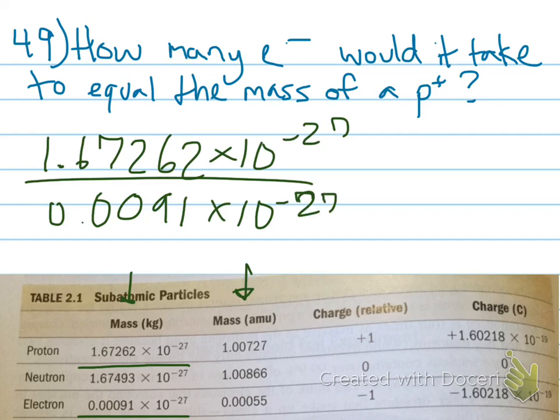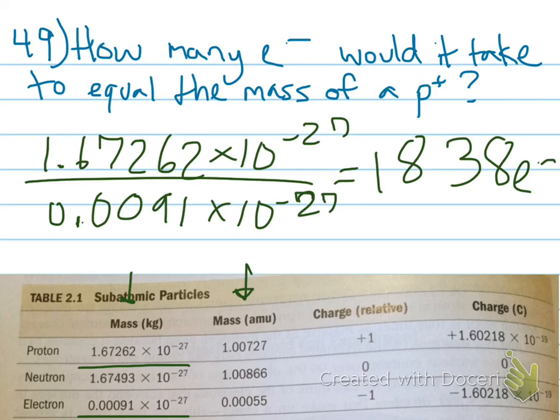So the top number is the mass of a proton, the bottom number is the mass of an electron, and so we would get this many electrons are equal to the mass of one proton.